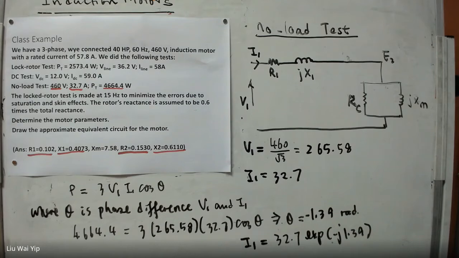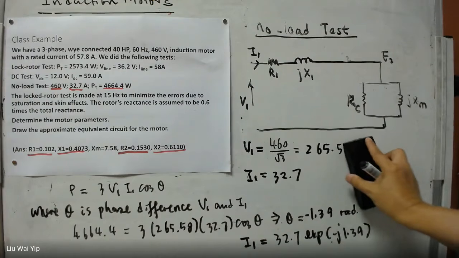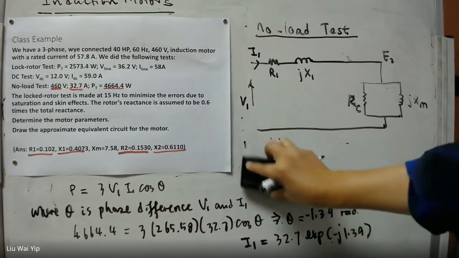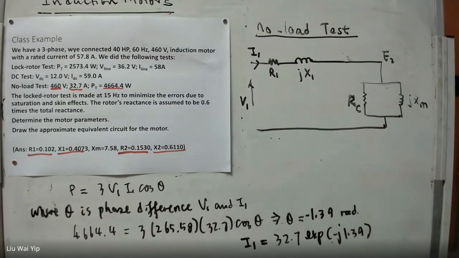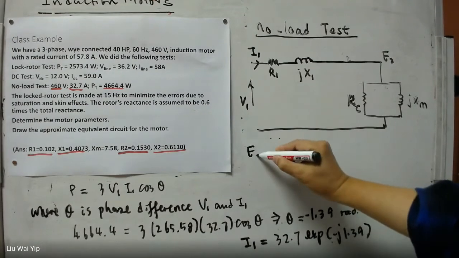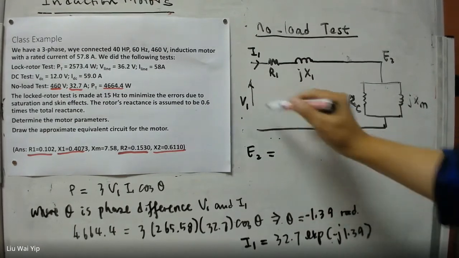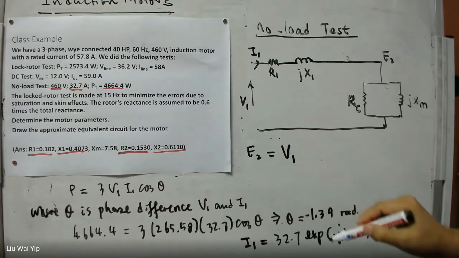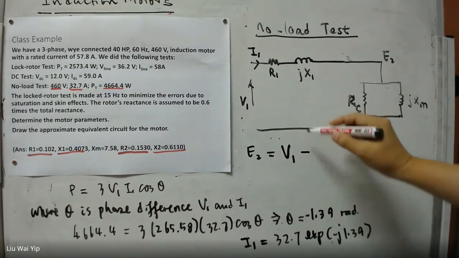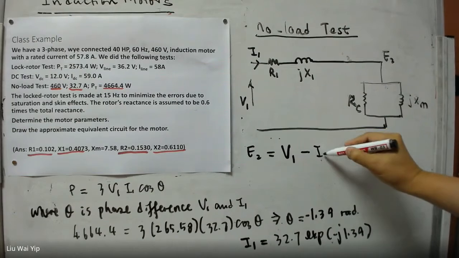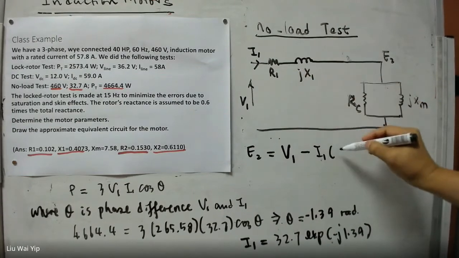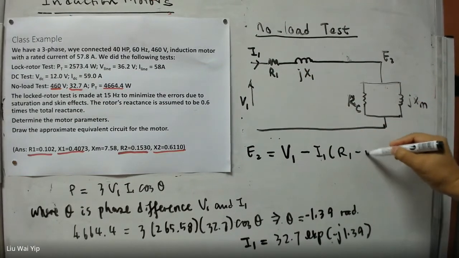E1, according to this diagram here, is V1 minus the current here, I1, and then R1 plus jX1.